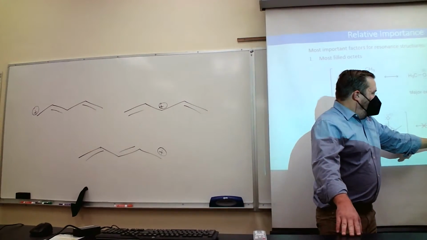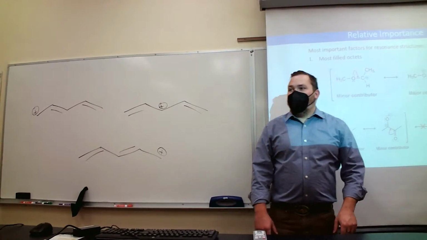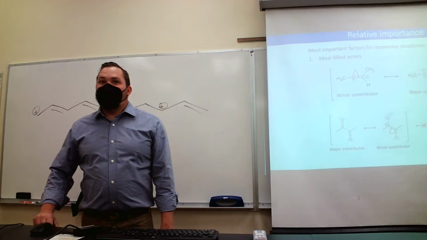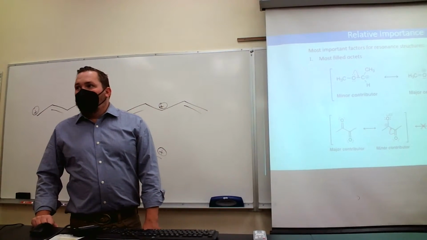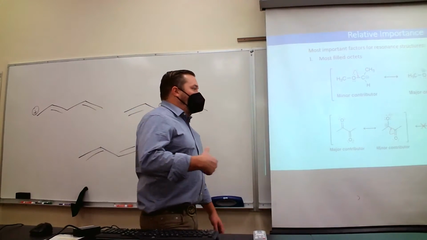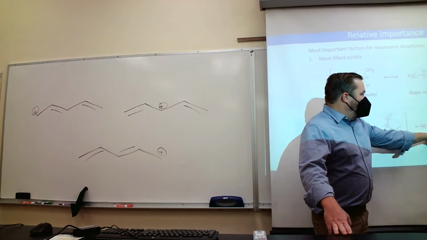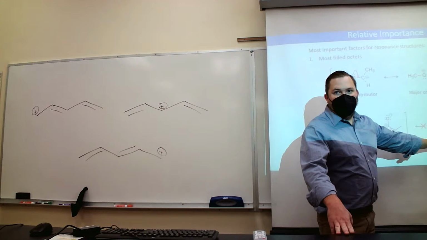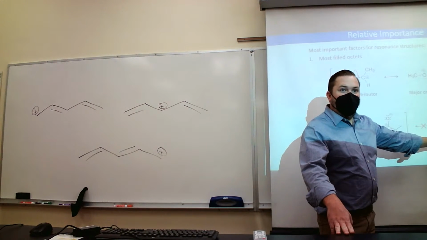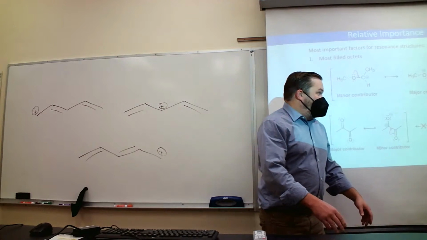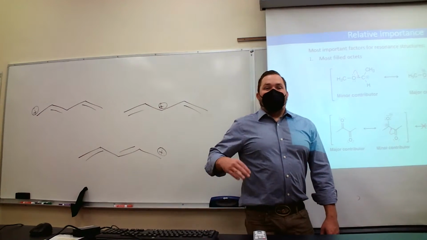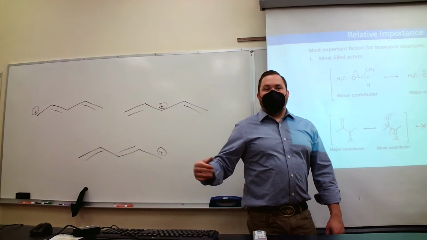And it's going to be really insignificant if you have to break up a full octet on oxygen, because oxygen's more electronegative than carbon. We could draw a resonance structure that put a positive charge on the oxygen with an incomplete valence, but we're basically just going to say that we're never going to break up an octet for oxygen or nitrogen.